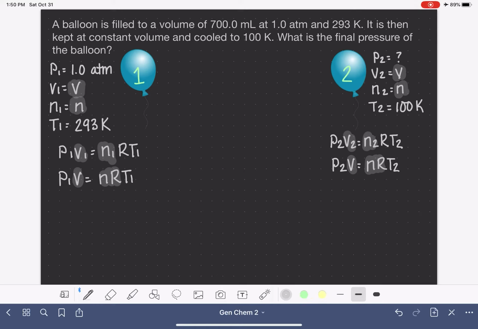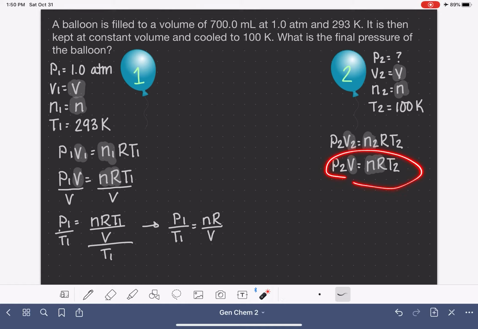I'm going to do this slowly on this side. I'm going to divide both sides by the volume. So I get P1 equals nRT1 over V. And then I'm going to divide both sides by T1, and I will end up with P1 over T1 equals nR over V. If you're wondering why I just did that, let's do the same thing over here, and it's going to become clear.